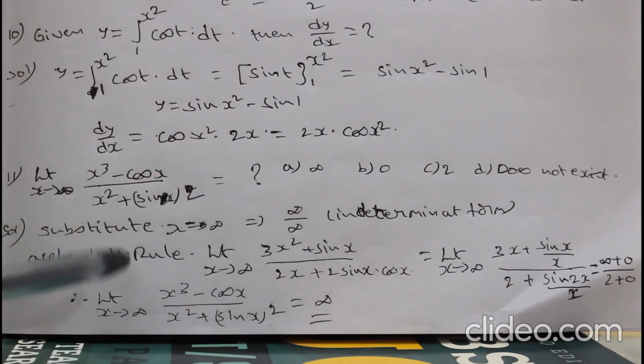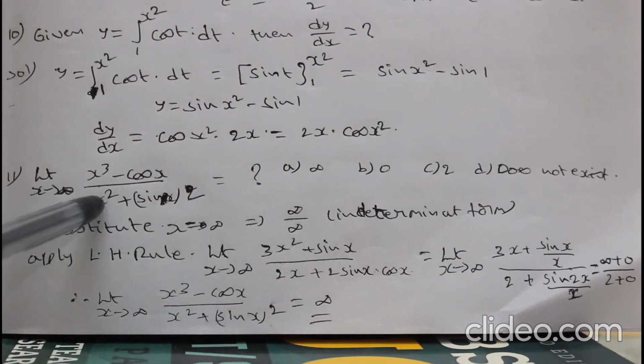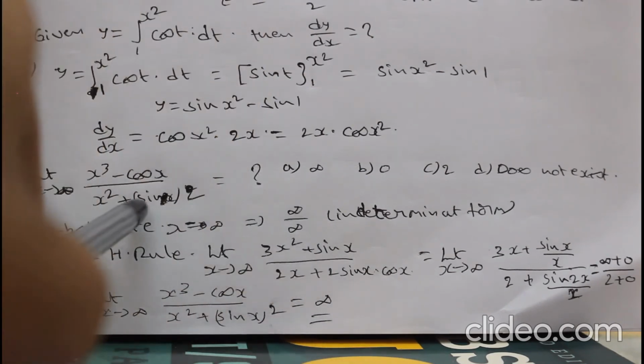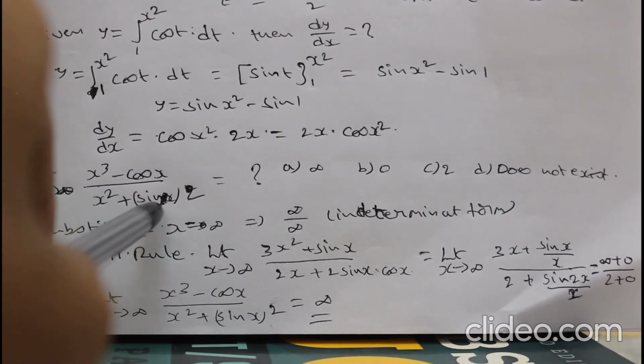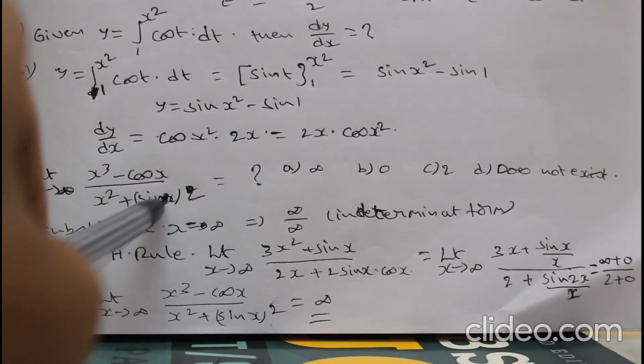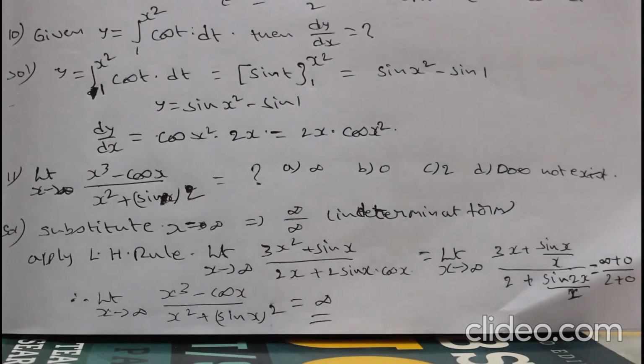Here already minus is there, so 3x square plus sin x, divided by the derivative of x square which is 2x, and the derivative of sin x whole square is 2 sin x, n into x power n minus 1, and then the derivative of sin x is cos x. So here we got 2 sin x cos x, friends.